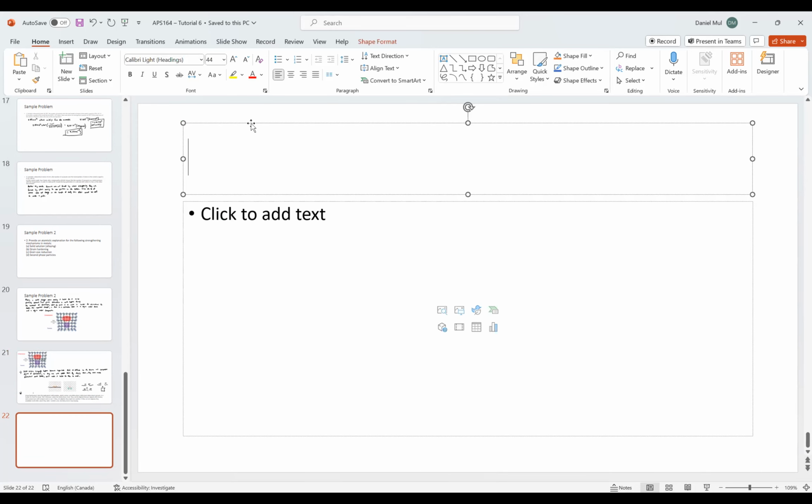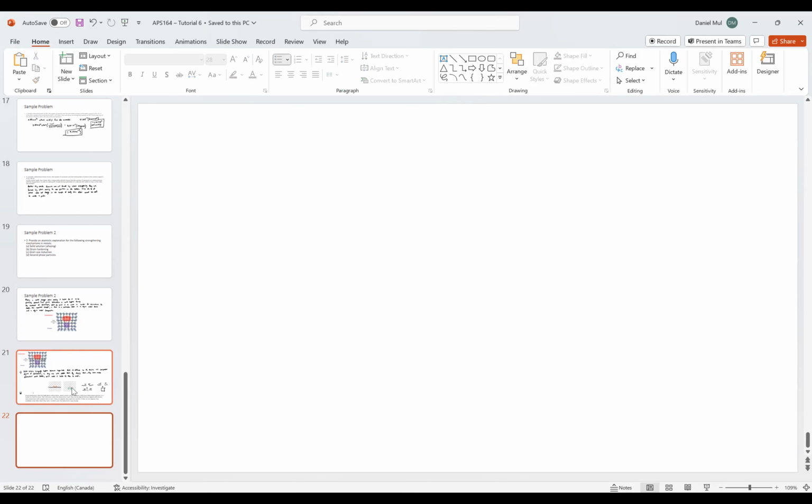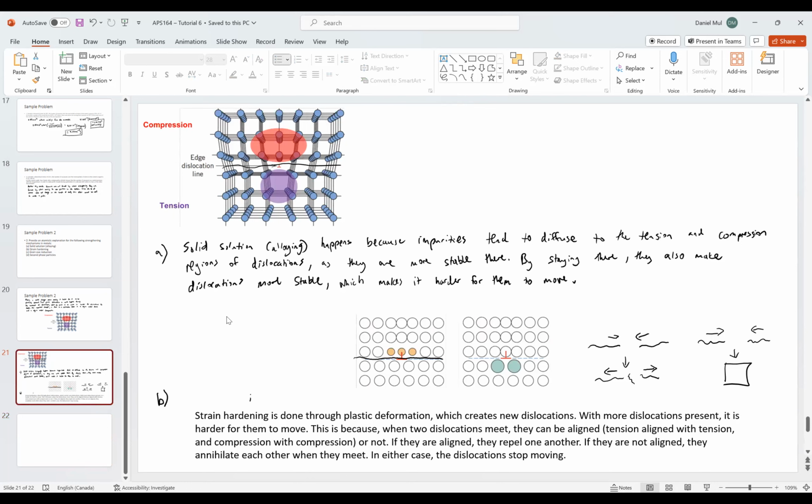Okay. Let's look at A and B again for a bit. So by annihilate, you mean they kind of combine together to become one, right? Yeah, they basically cancel each other out, so you won't have a dislocation anymore. I don't really get the bounce.